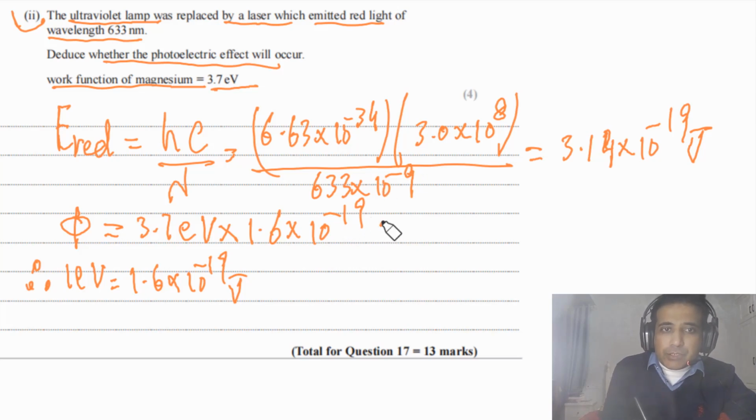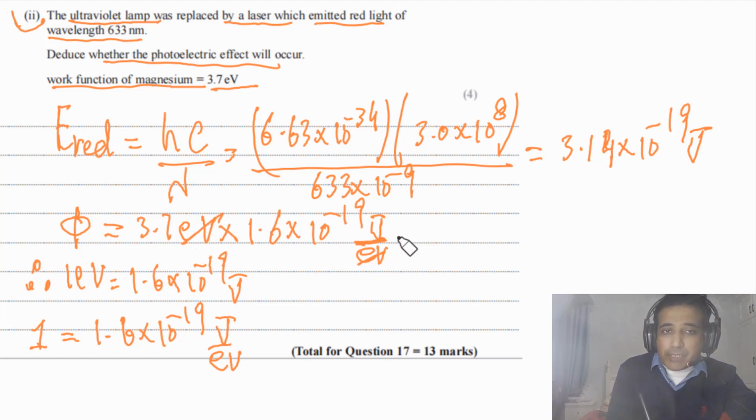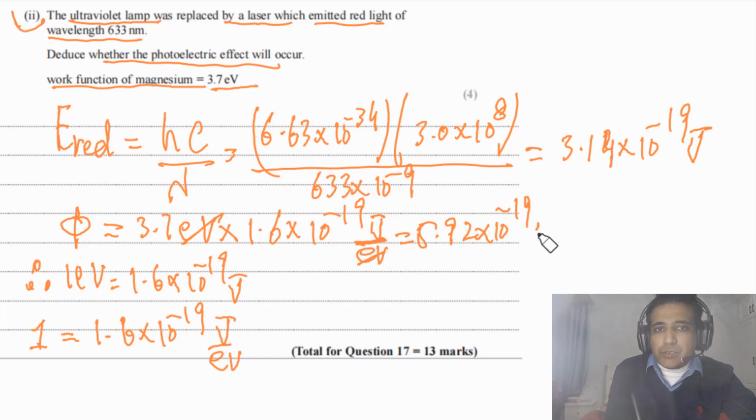So electron volt will be cancelled in this case. So if we solve this one, we will get 5.92 times 10 to minus 19 joules.